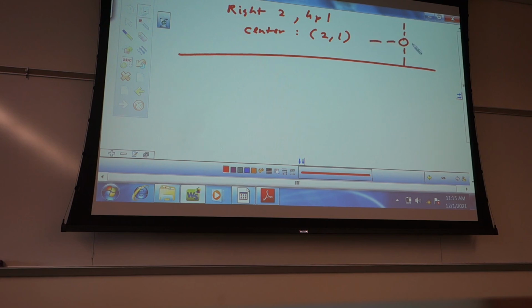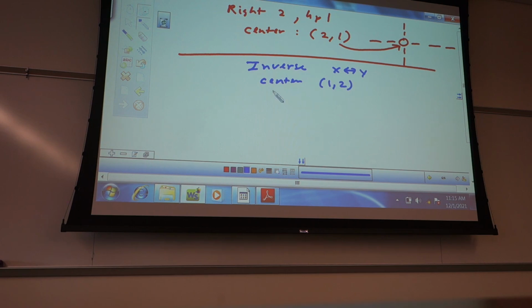So you're going to do that, which would be 2, 1. Now remember, for the inverse, the x becomes y. They swap, x and y swap. So then your center would be 1, 2, right?